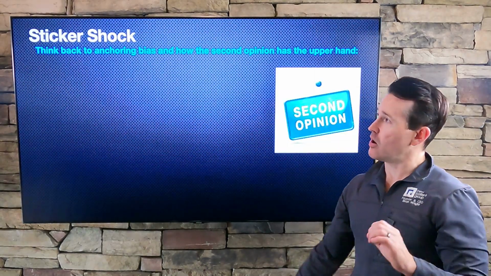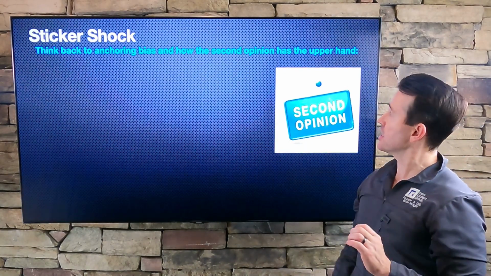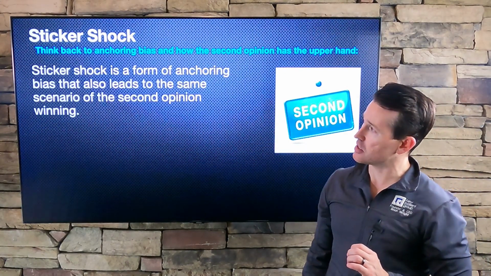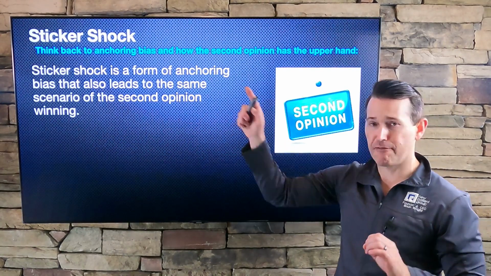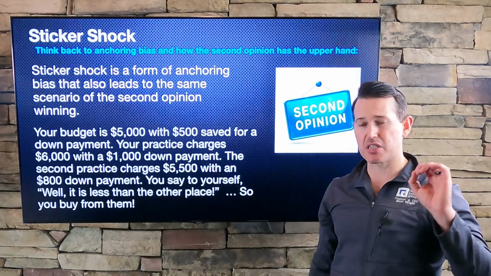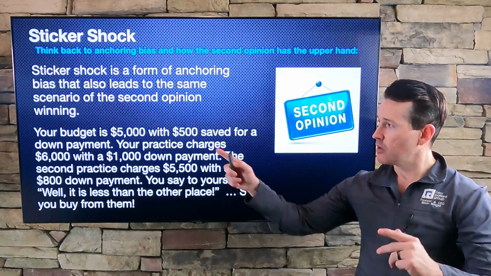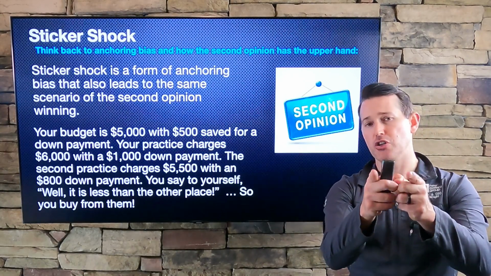Let's look at this now. Think back to anchoring bias for a minute and what you learned there and how the second opinion has the upper hand. Let's take a look at something. We said sticker shock is a form of anchoring bias that also leads to the same scenario of the second opinion winning. So same thing, they're intertwined while different. And here's an example of how it applies to your practice.